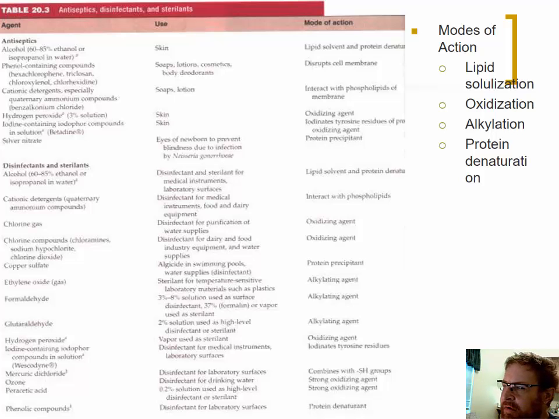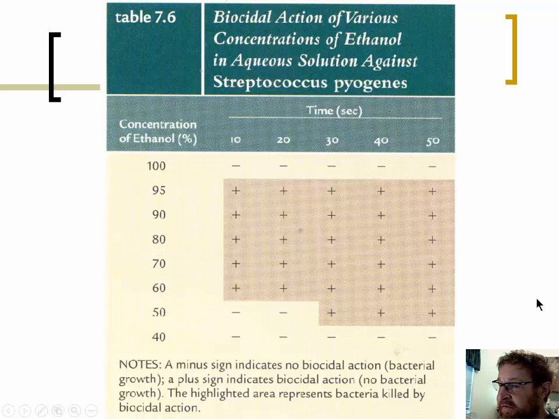And again, we have a number of different things that we can use as antiseptics. But here's a very specific example of how the concentration of different amounts of ethanol will affect the killing of the specific bacteria Streptococcus pyogenes.